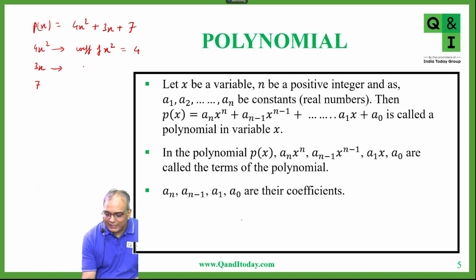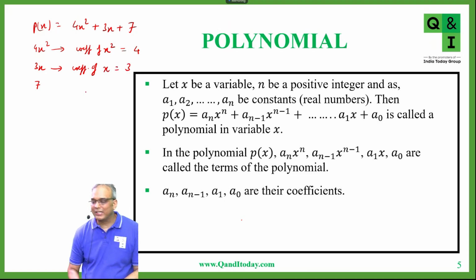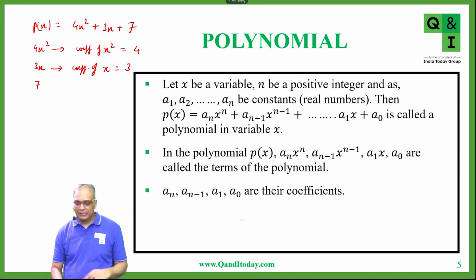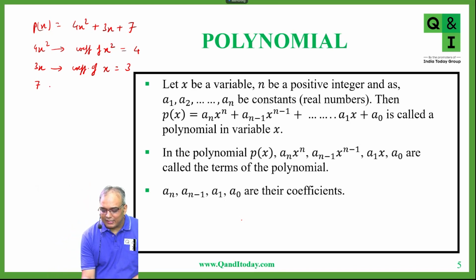Now here in 3x, the coefficient of x is going to be equal to 3, because other than x, we have one number multiplied to it, that is 3. So 3 will be the coefficient of x. Similarly, here 7 is a constant term, right?